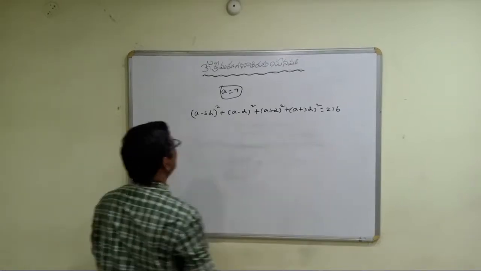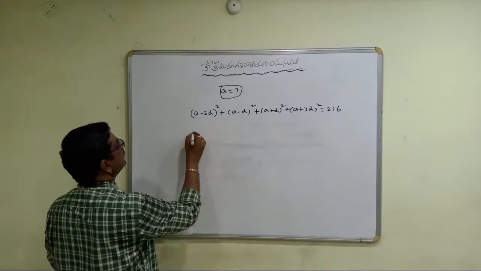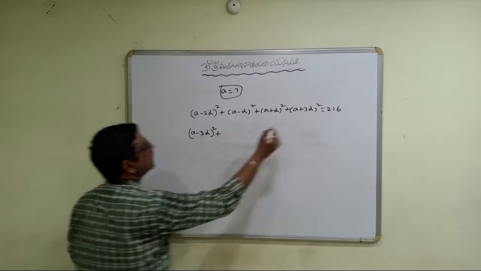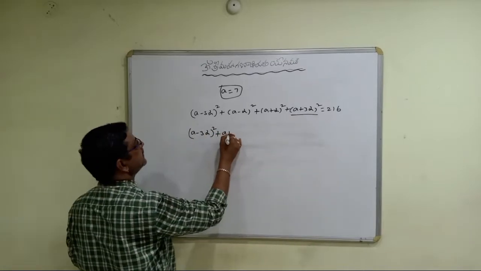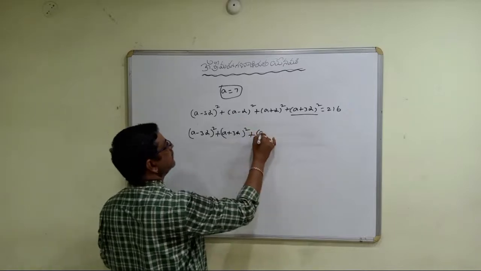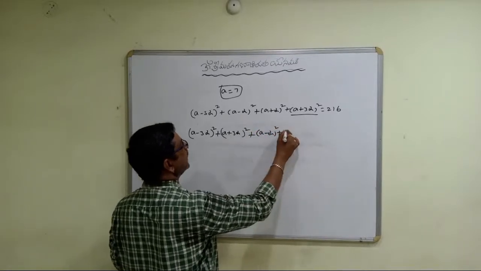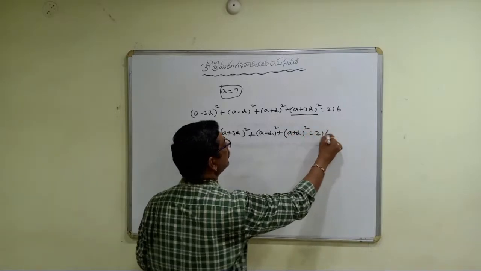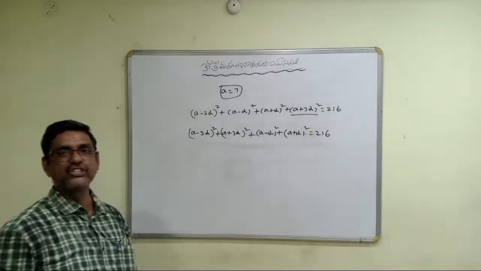How? Let me show you that. Here I am having a minus 3d whole square and a plus 3d whole square, plus a minus d whole square plus a plus d whole square, which is equal to 216.